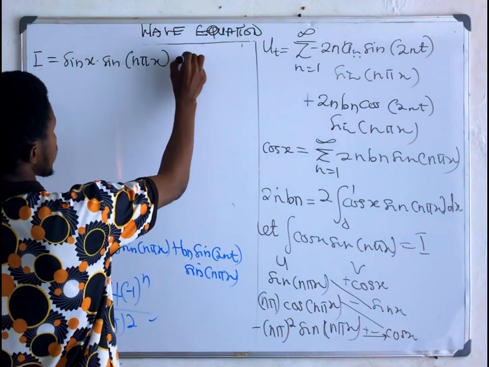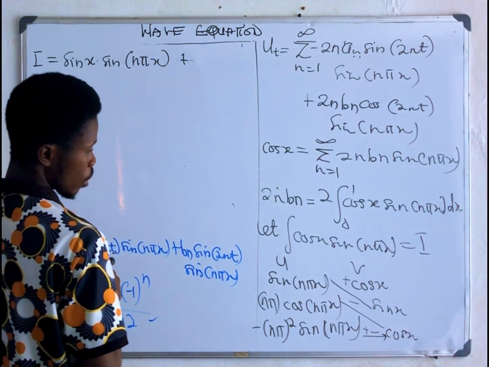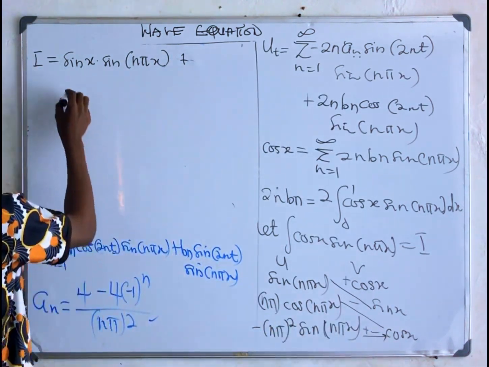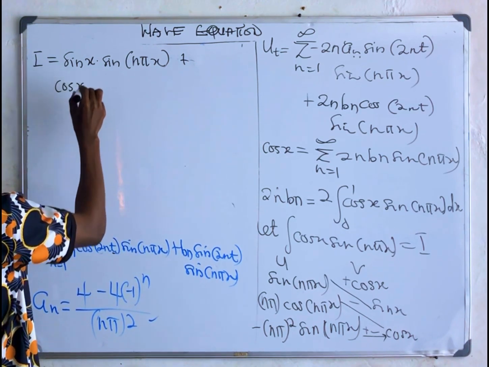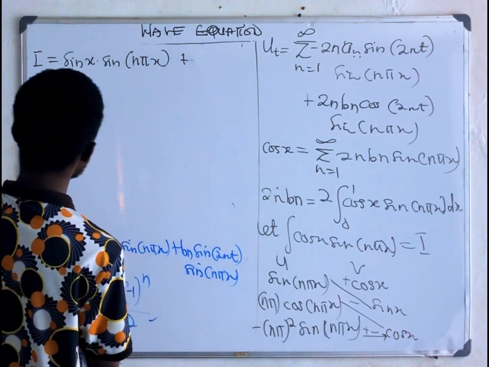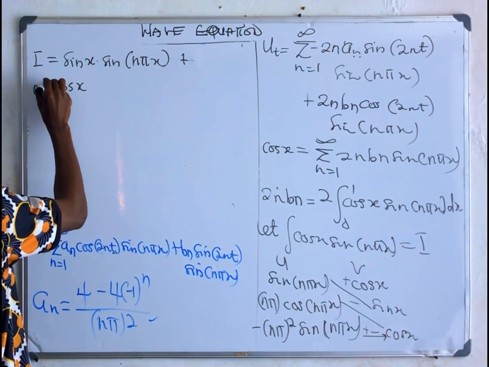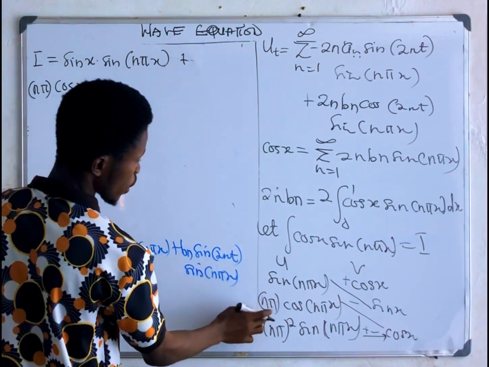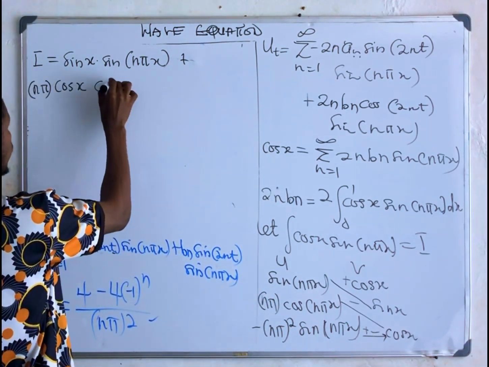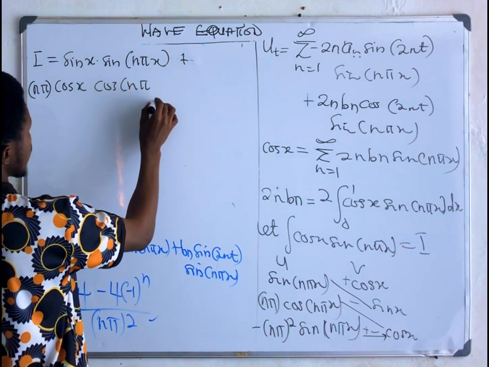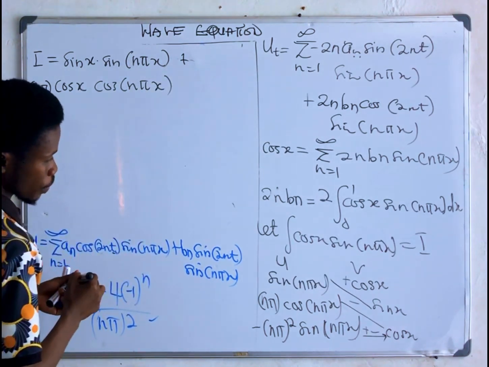So plus cos x multiplied by, let me bring the n pi out here, because there's n pi here, multiplied by cos n pi x.